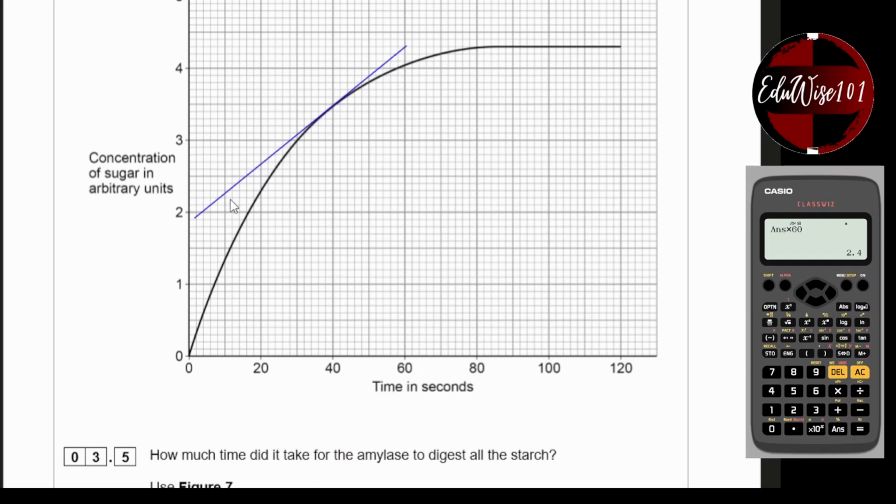So remember the gradient is going to be the change in the y value divided by the change in the x value.